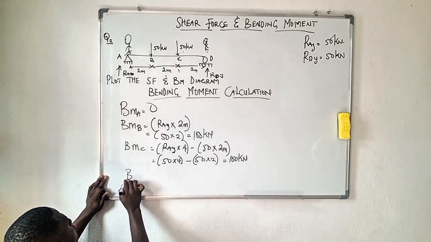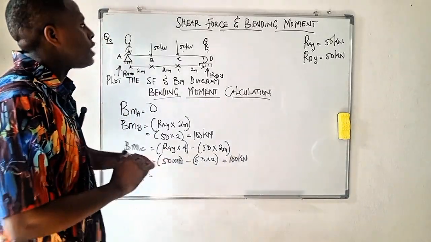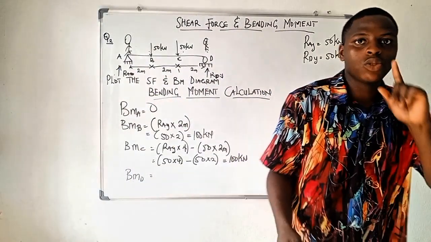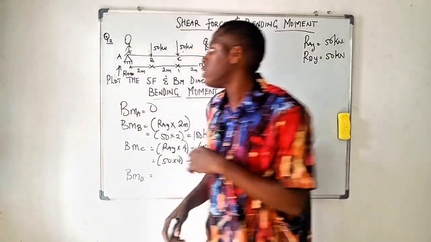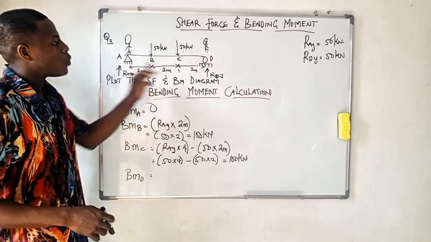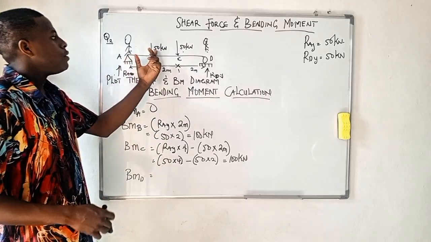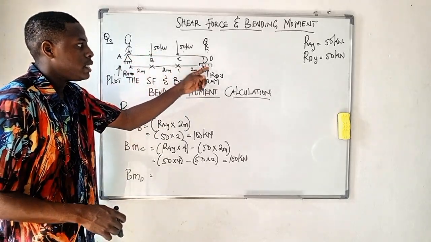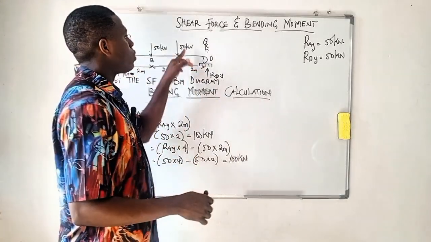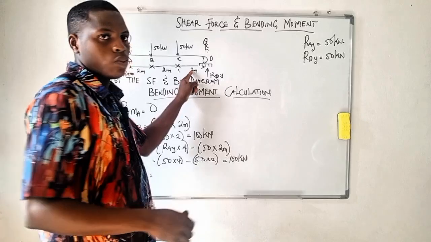And the next one is bending moment at point D. At point D, you are standing at your reference point. What are the forces you are seeing coming to point D with respect to their distance? You're seeing Ay coming to point D with a distance of 6, a 50 coming to point D with a distance of 4, and the next 50 coming to point D with a distance of 2 meters.